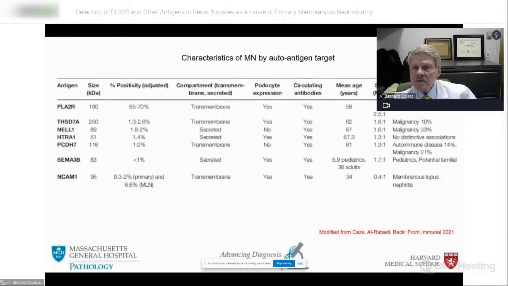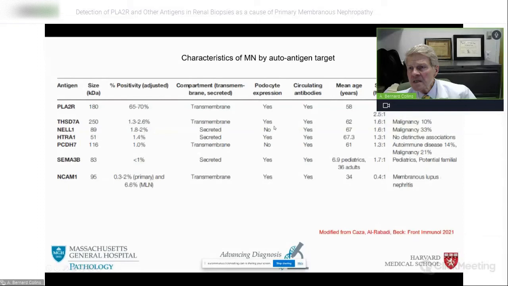The other thing that is helpful are the characteristics of the antigen. One is obviously the molecular weight. Also, in what compartment, whether it's transmembrane or secreted, and whether it's on the podocyte or not.